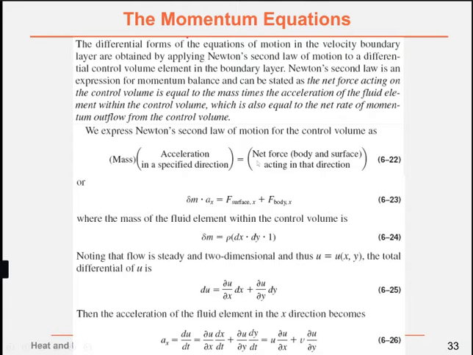F is the net force, including body force and surface force, acting in that direction. So you list the equation: ma equals F surface plus F body. This is the mass, this is acceleration, and this is the sum of surface force and body force. You list every part of that.